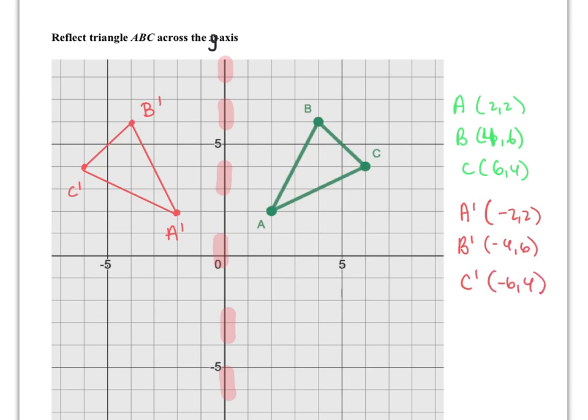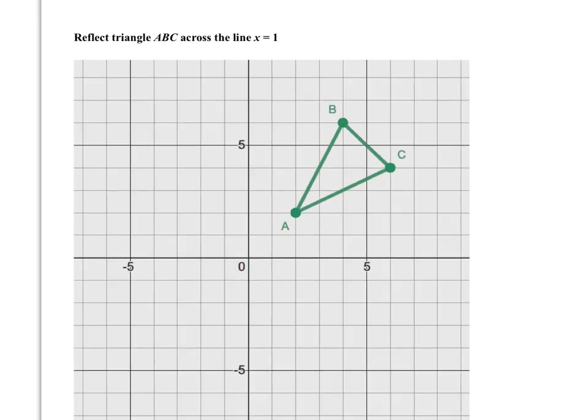This time the relationship is that the x coordinate becomes its opposite and the y coordinate stays the same. If you're reflecting across the y-axis and you just wanted to know the coordinates, you could use the formula (opposite x, y). This would work. But again, in my opinion, it's always easier just to use the counting method. 1, 2, 3, 4, 1, 2, 3, 4.